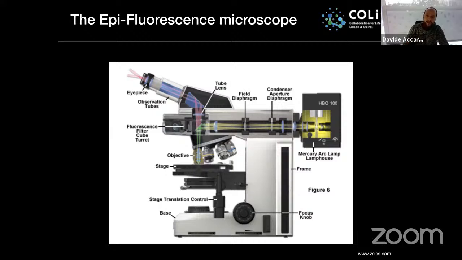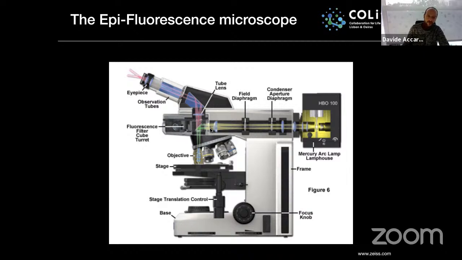In an epifluorescence microscope there are several elements, and we will need to have a look at all of them. We will start with the light source. There are several light sources. In this scheme it's a mercury lamp, but it could be a laser, an LED, a xenon lamp, and so on. After the light source, there is a set of optical elements and diaphragms that we will not mention now.